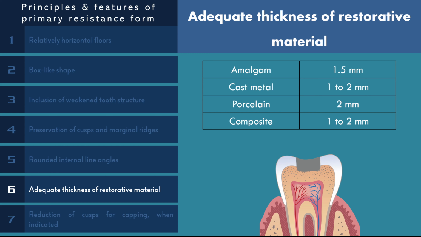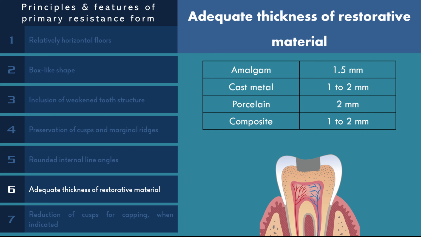The next feature is providing adequate thickness of the restorative material. Each restorative material has its own properties. Some are strong in compression, some are weak in compression. So in order to get the optimum result and to provide the strongest restoration possible, the adequate thickness of every specific restorative material should be maintained.